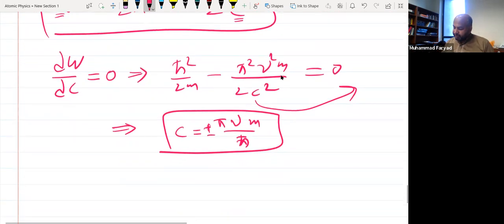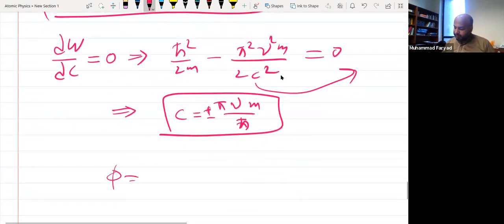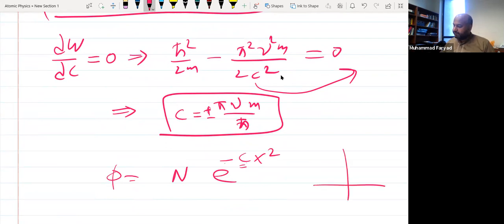Now our function was of this form, n exponential minus c x square. And if I take this c to be negative, then minus into minus would be plus, and our function phi would be something like this, because it would become some positive number.